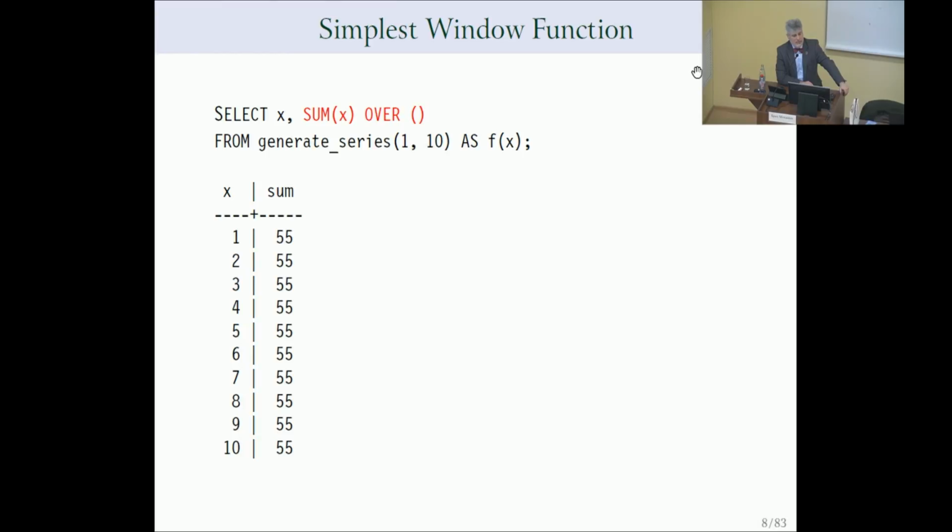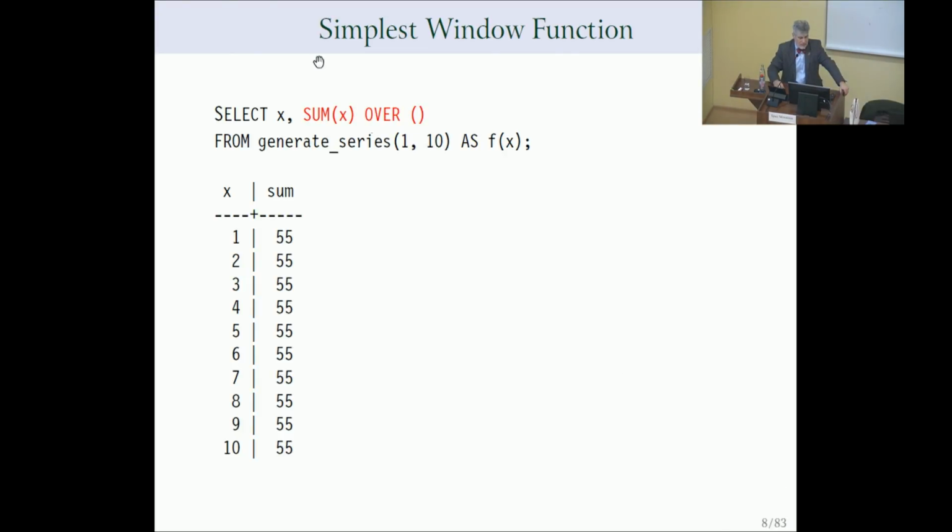Here's our first window function. The reason I know it's a window function is because it uses the word over. Anytime you see the word over, it is a window function. What might be surprising is you see the word sum, which you're probably familiar with, and you're adding the word over in addition to that.